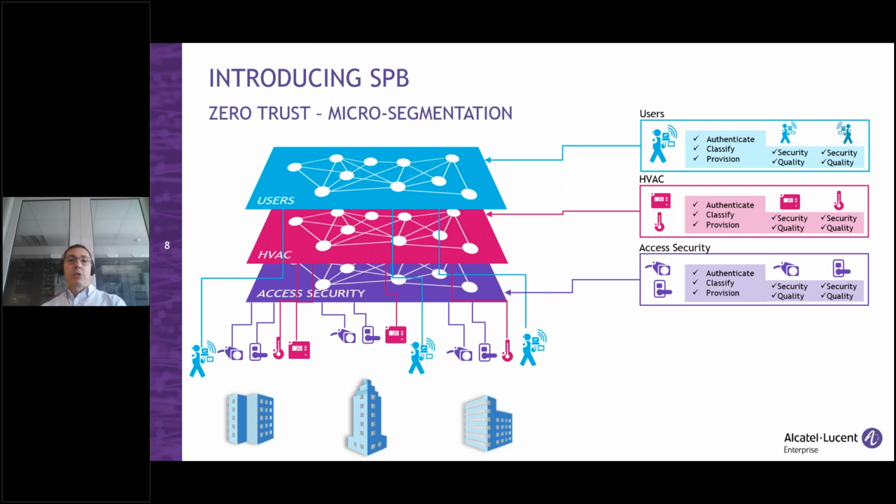So the combination of user device identity, day or time, the location, and the device fingerprint determine, on the one hand, the VPN, that is the service that the device is mapped to, and we refer to that as macro segmentation. And on the other hand, they determine a set of security and QoS rules that will be applicable to that device. And that is the micro-segmentation part.